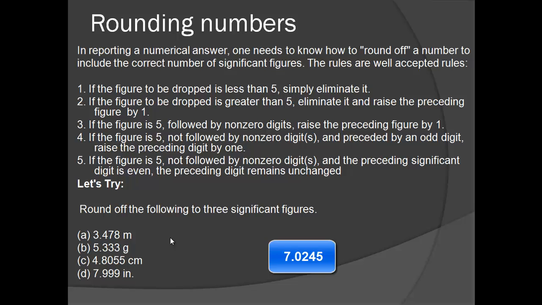Well, that 4th significant figure is that 4. What's following the 4? It's a 5. Is there anything after that 5? No. So now, since there's nothing after that 5, I have to look to the number before the 5. Since the number before the 5 is even, that number stays the same. So my final answer, again, would be 7.024. I hope that doesn't confuse you guys too much.